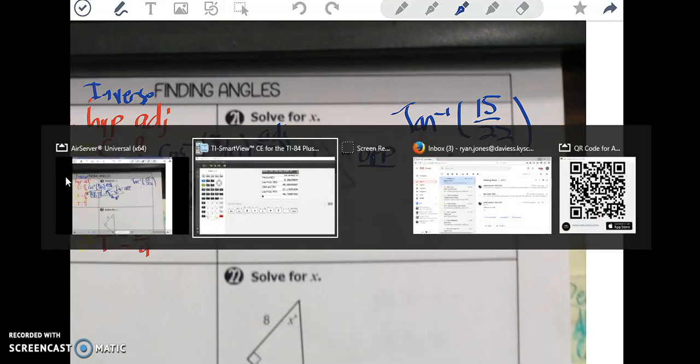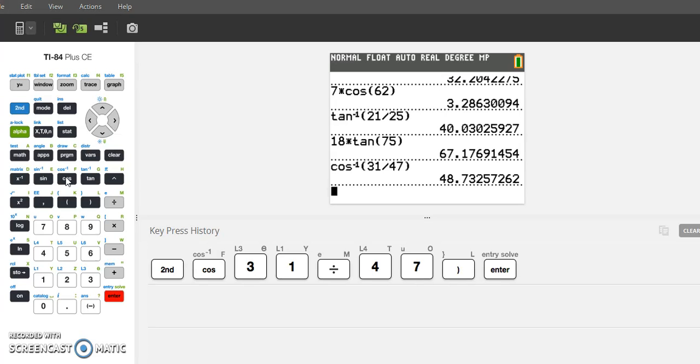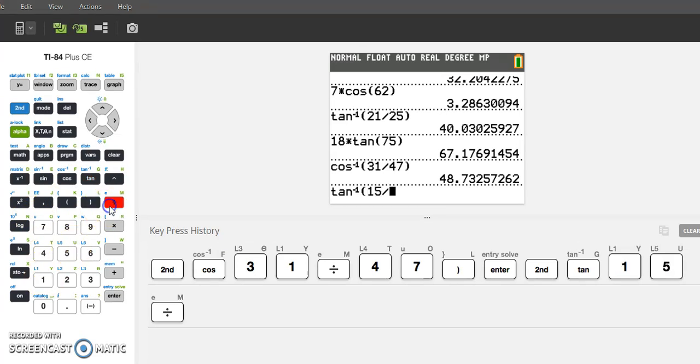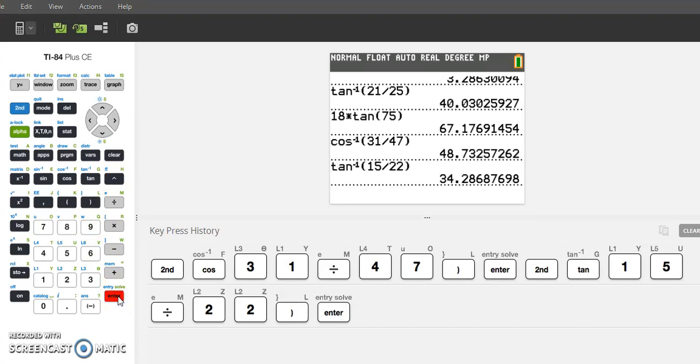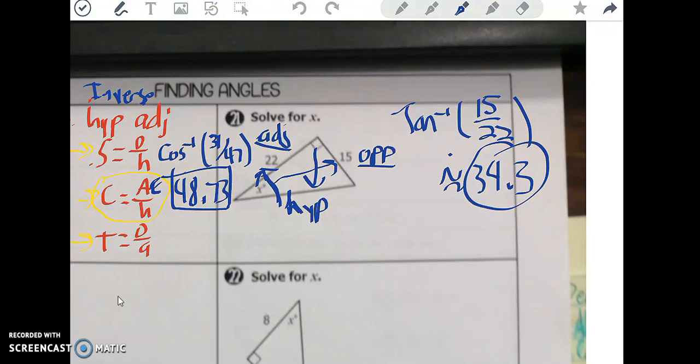Then we do the inverse tangent of 15 divided by 22. Close the parenthesis, you don't have to, but it's good practice. So it's roughly about 34.3, approximately 34.3. And remember, approximate means about, close to.